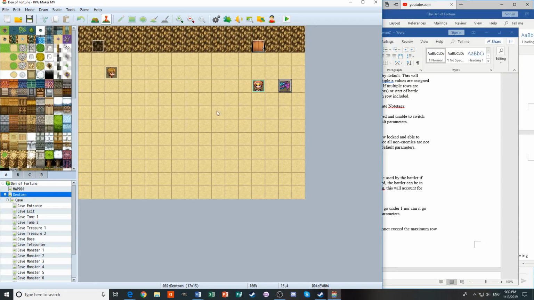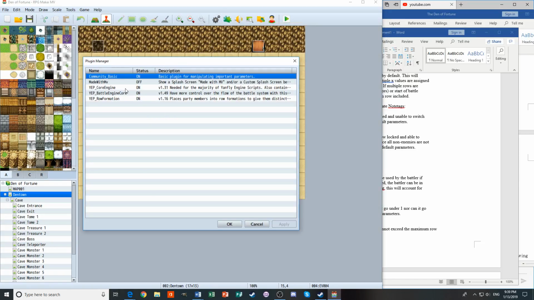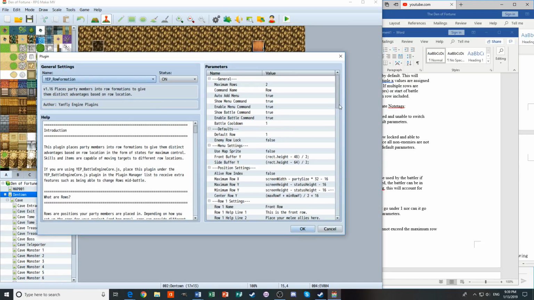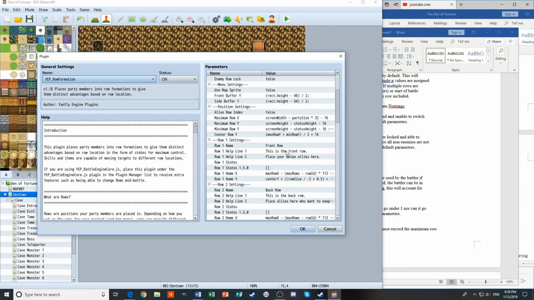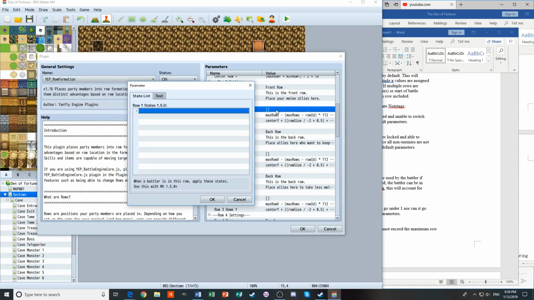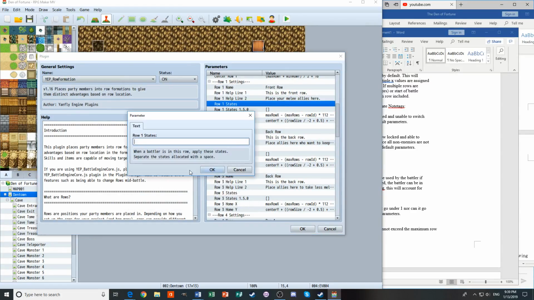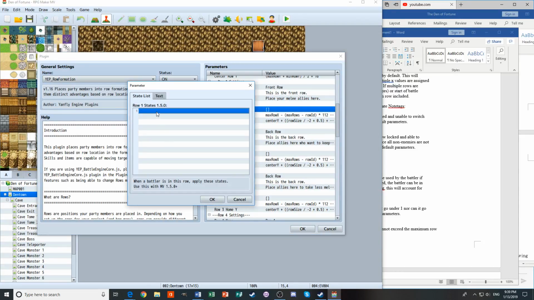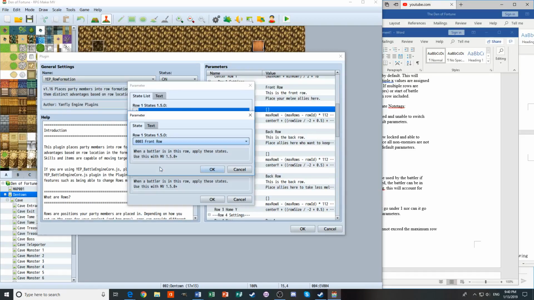the taunt status. I don't actually think I need front and back row to even be statuses, honestly, because I think, if I understand the plugin correctly, you can just put states. Okay. Well, we do have that version, so I see.